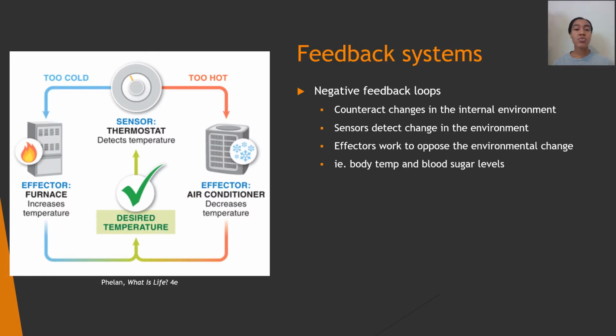Another method that animals can use to maintain homeostasis is through the use of feedback systems or feedback loops. And there are two types of feedback systems in animals. We have negative feedback loops and positive feedback loops.